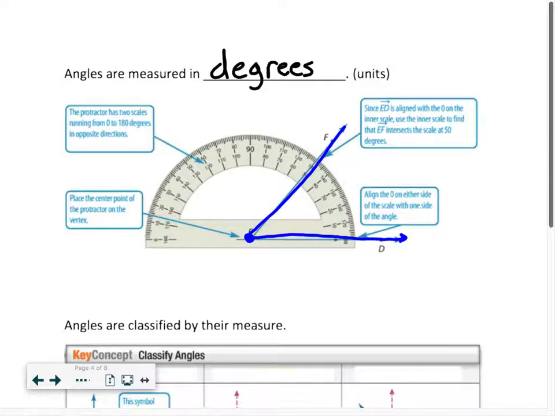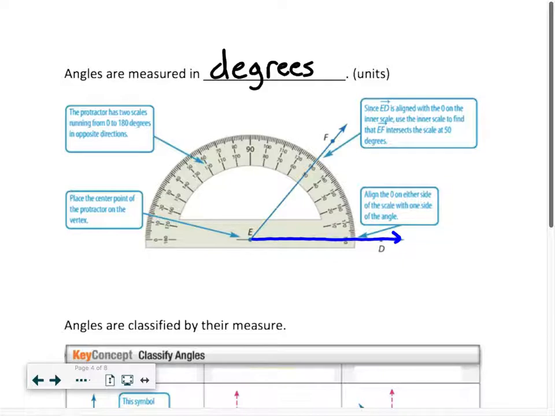Once you've put the middle of your protractor on the vertex, you should be able to line up this edge of the protractor with one of the sides of the angle, as they've done in this example.